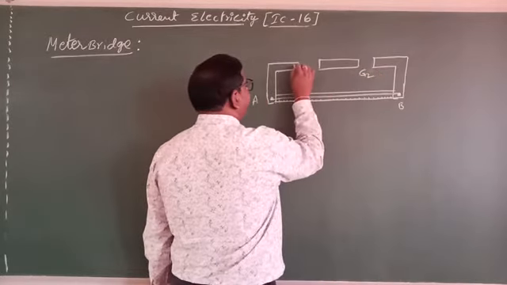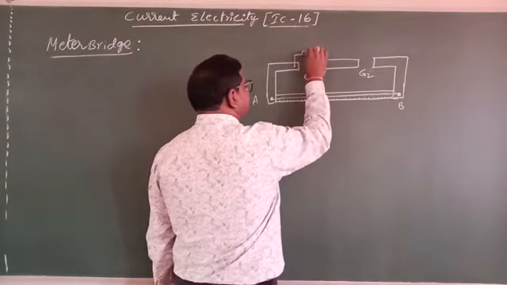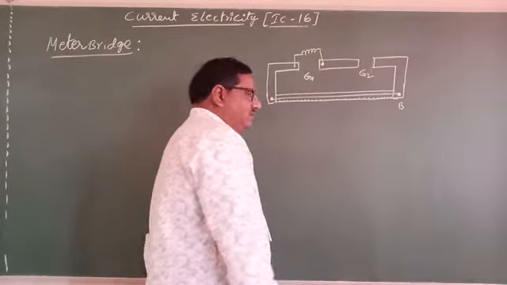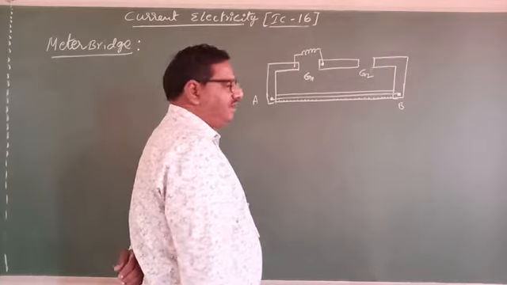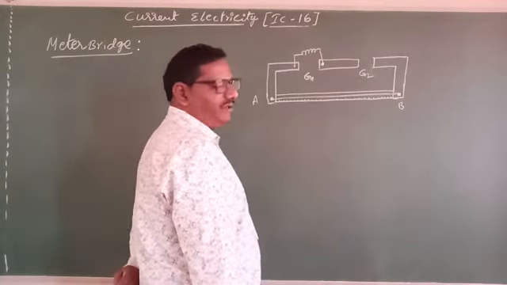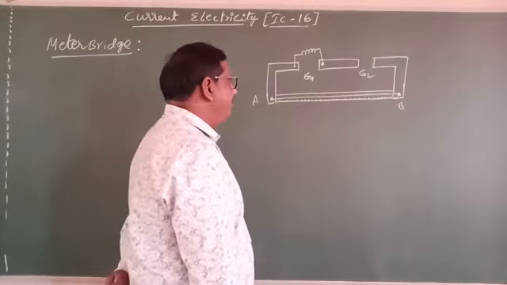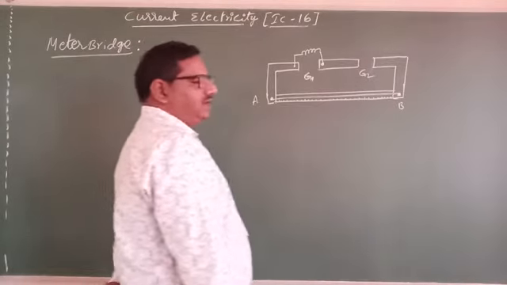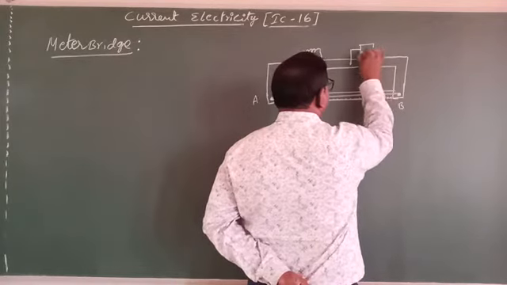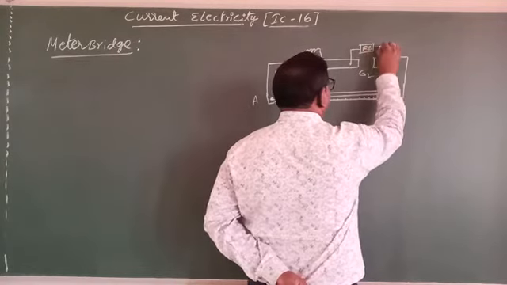The first gap will be filled with the unknown resistance of wire which we want to measure. One more gap will be filled with the known resistance box RB.